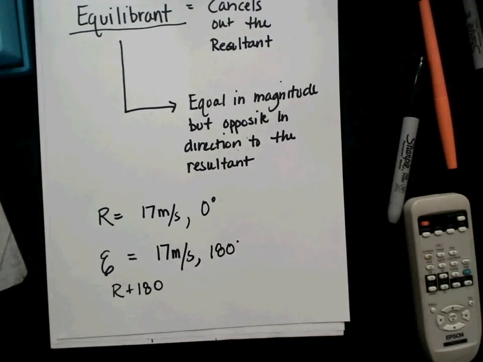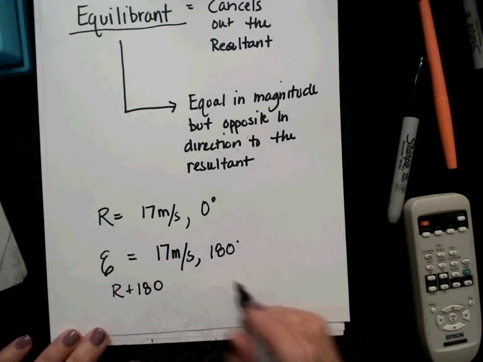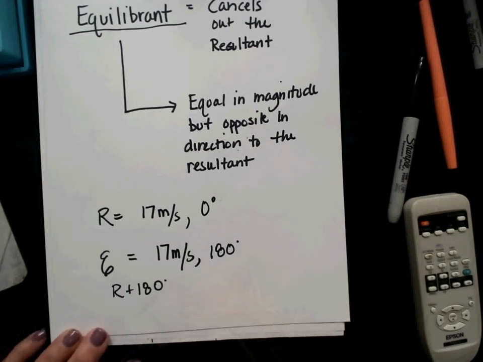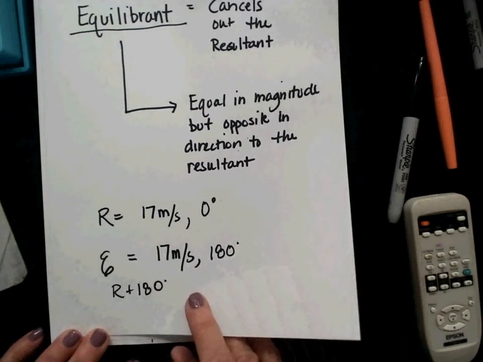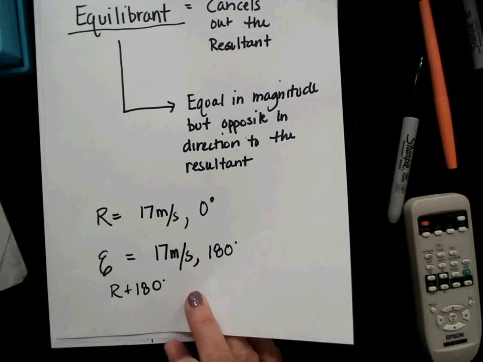If you're asked for an equilibrant, you use your magnitude and add 180 to get your direction. There will be some problems where you have to do that. Make sense? So try this.